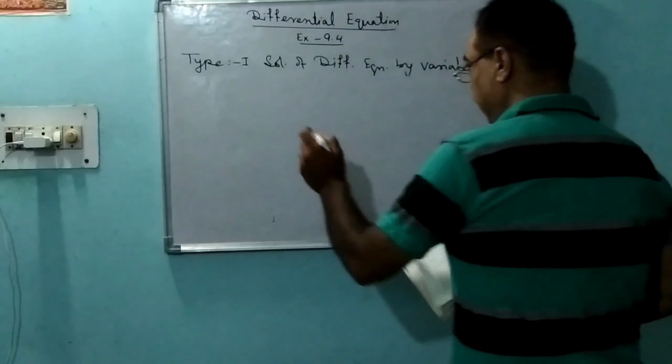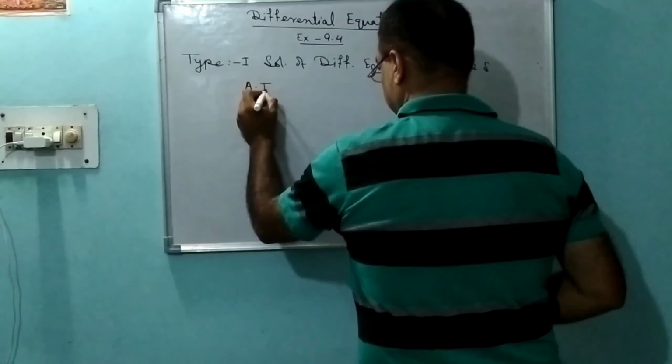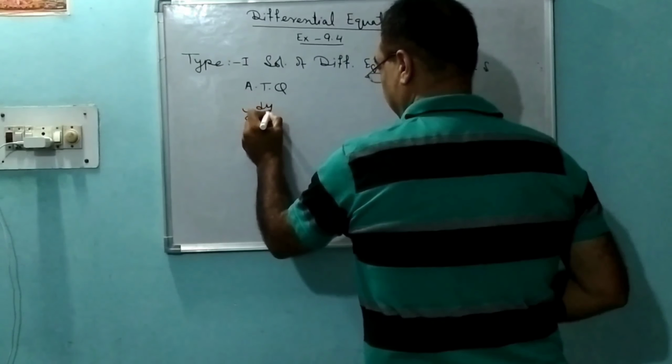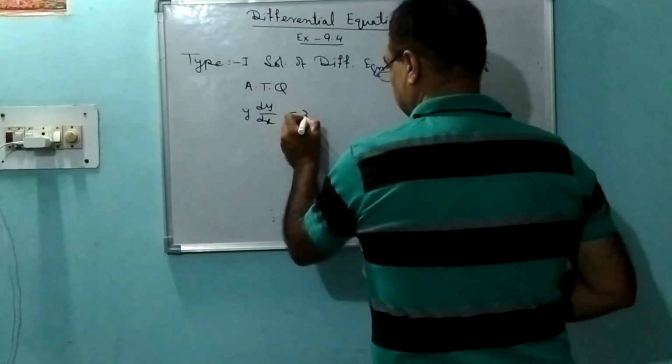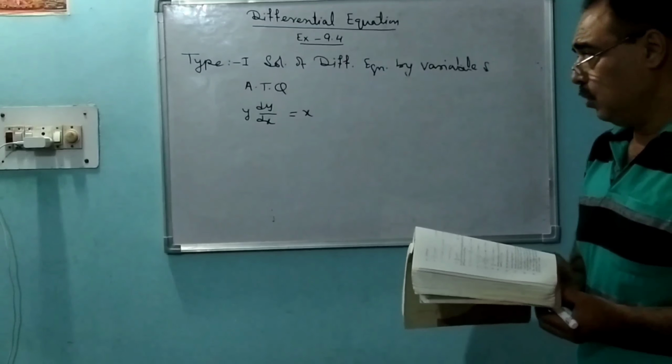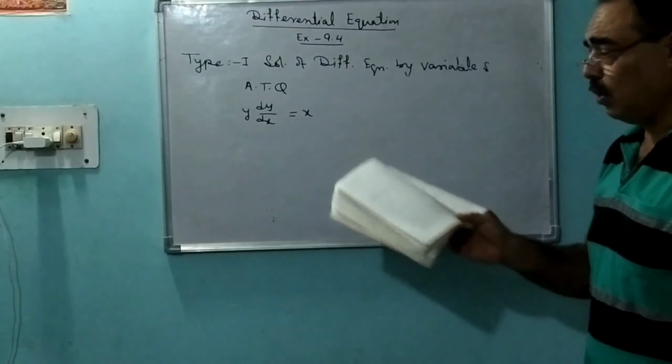So according to the question, what we have been given, he said that the product of the y coordinate and the slope of the tangent is equal to the x coordinate. He has given us this. So we have to solve this equation.